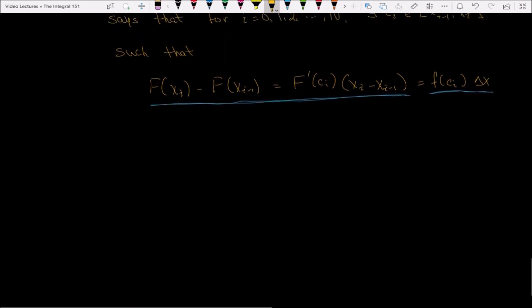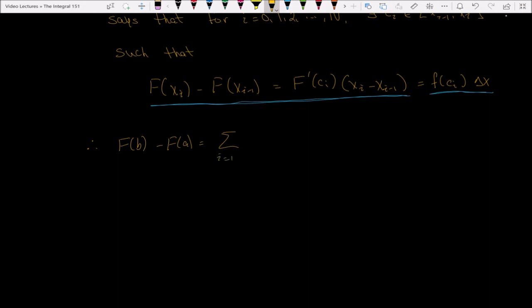If we substitute this in, we find that F of b minus F of a is now equal to the sum i equals 1 to n of f of c sub i delta x. But that is a Riemann sum.